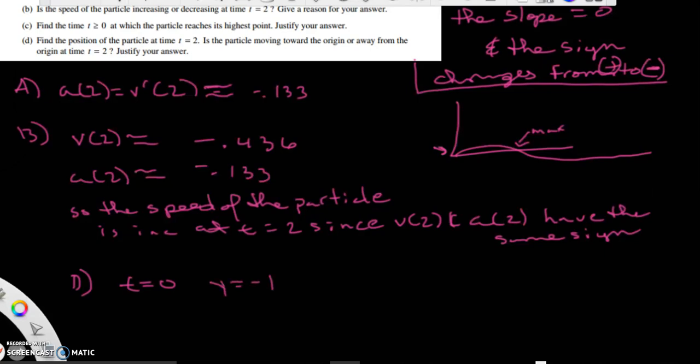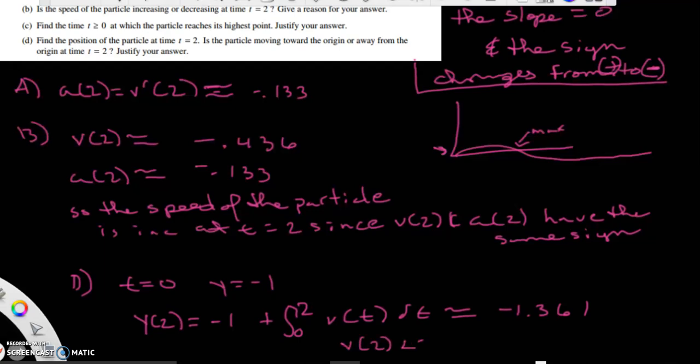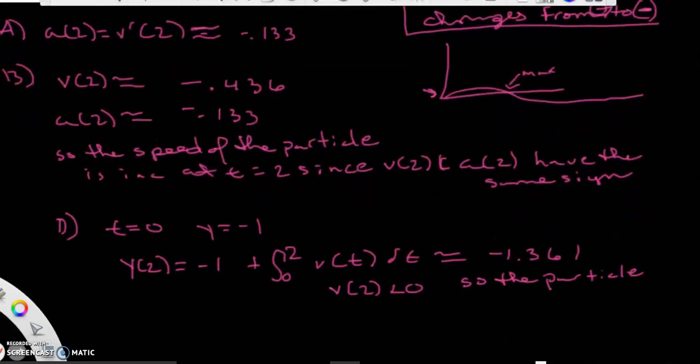So when you do this, you're going to get y of 2 equals -1 plus the integral from 0 to 2 of v of t dt, which is -1.361. So v of 2 was also negative, so the particle is moving away from the origin.